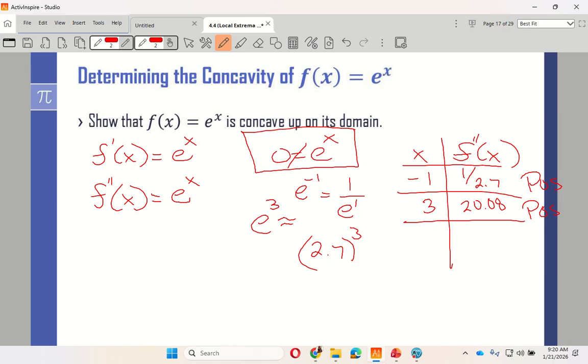So that's how we're proving right here. It doesn't equal 0, so that means it's either all going to be positive or it would be all negative. So this right here, it is concave up on its domain. What is its domain? Yep.